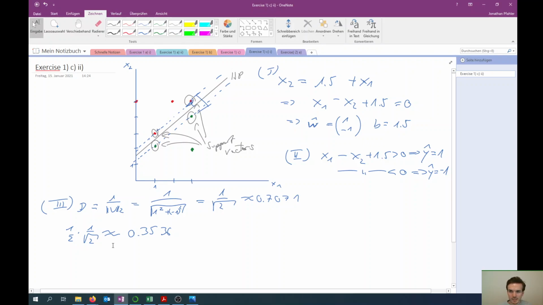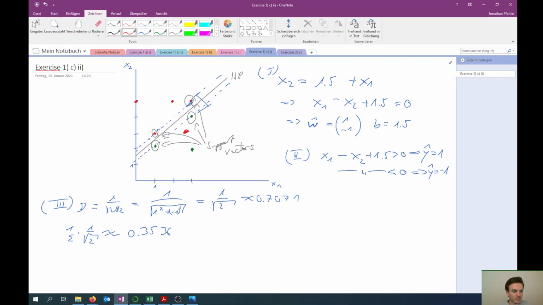And in the last part of the exercise, we wanted to know where we could place a point so that we couldn't use the maximum margin classifier. And this could be, for example, here a red point. Then we couldn't split the 2 sets or the 2 classes by a simple line anymore. And now how do we overcome this?